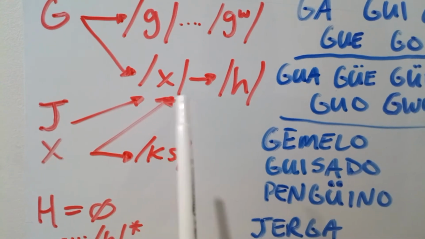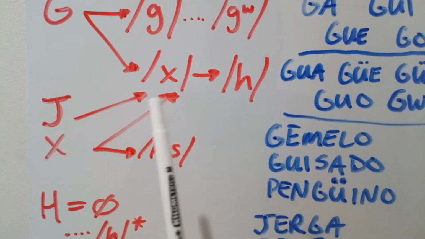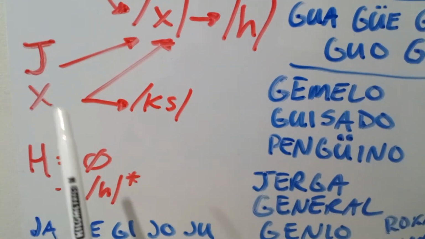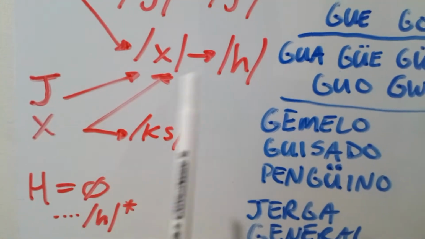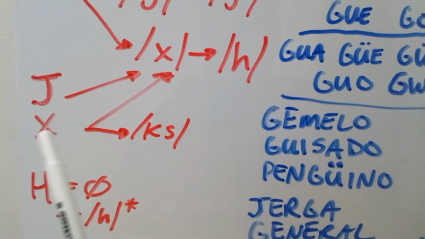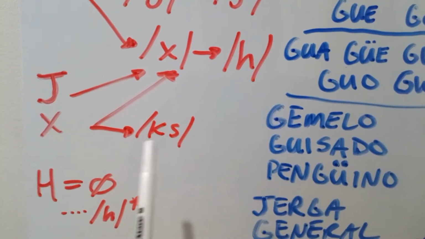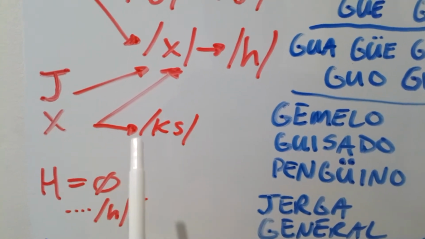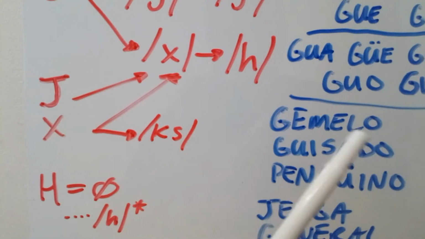You'll hear this h sound, and then I'll show you that in the example, so that's easy. And the X actually also makes that h sound too. It makes it, but on most occasions it'll make the x sound, the ks sound. And I'll show you with the examples.